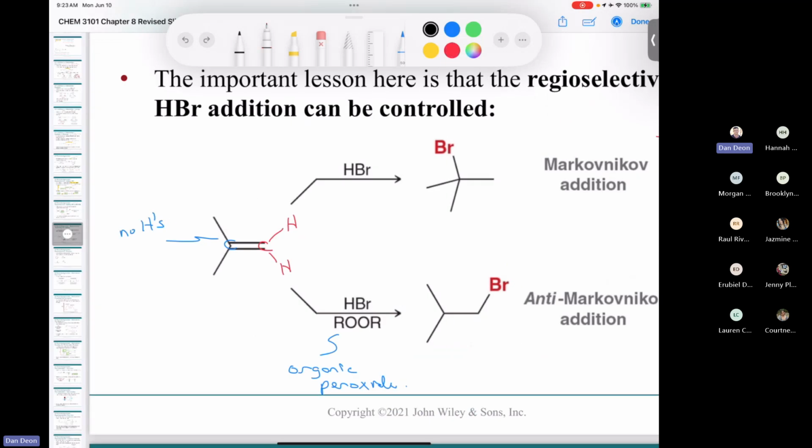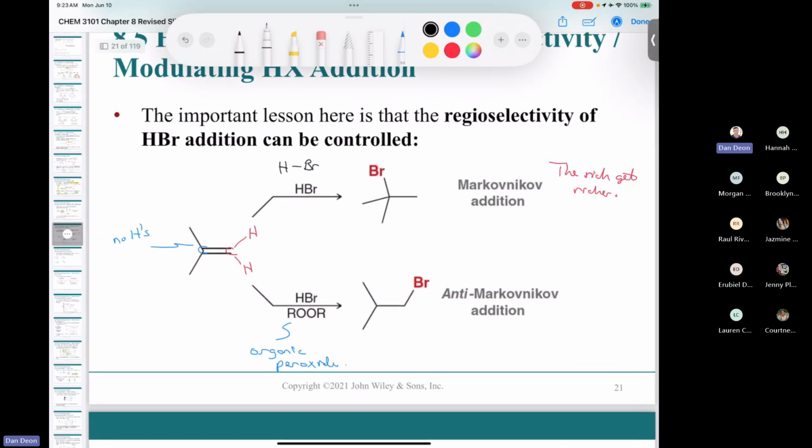So when we're adding the HBr, the hydrogen is going to go to one of those carbons and the bromine is going to go to the other. Markovnikov addition states that the carbon that is richest in hydrogens is the one that takes the hydrogen. So now on what was the carbon in red, we're going to have 1, 2, 3 hydrogens, and the carbon in blue is the one that's going to take the bromine. Does that clear it up a little bit?